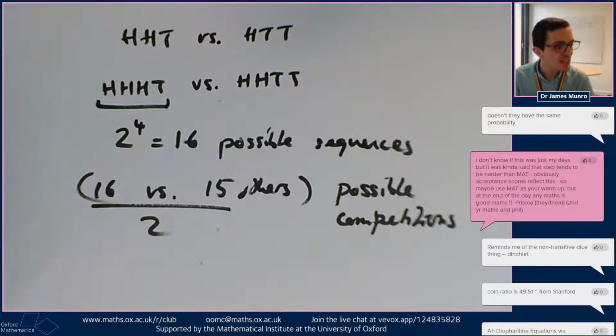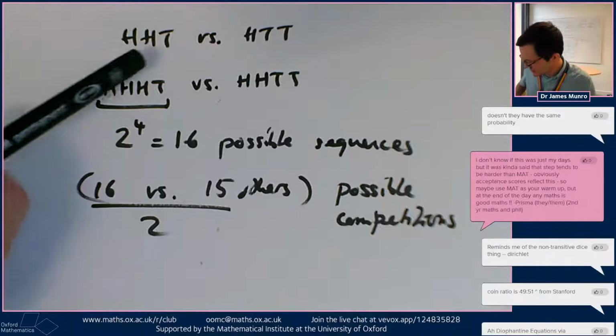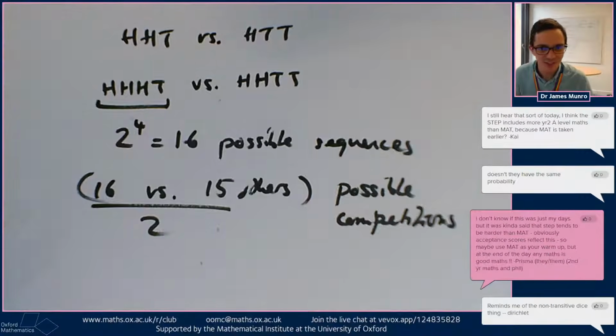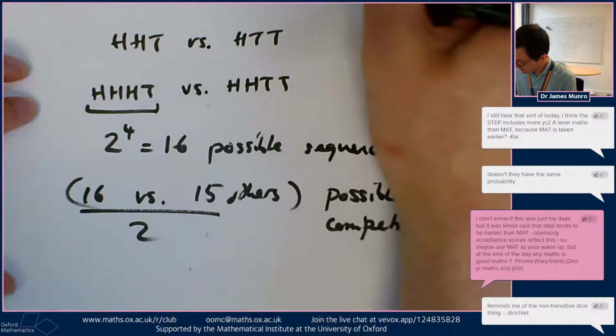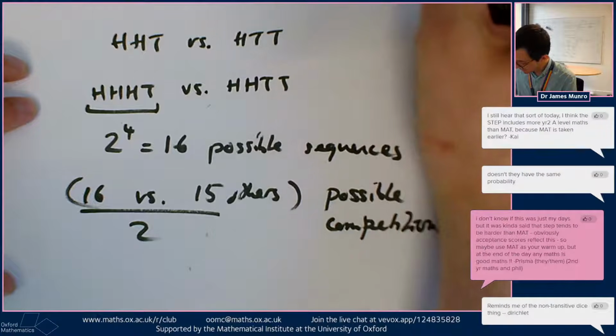So you might expect, okay, the person in chat who says, don't they have the same probability, right? These sequences, there are 8 of these, shouldn't they just all have the same probability to come up? And they all have the same probability to come up in the first 3 coin flips. But after that, if we're looking at a series of consecutive coin flips, you keep flipping coins until you see one of the sequences.